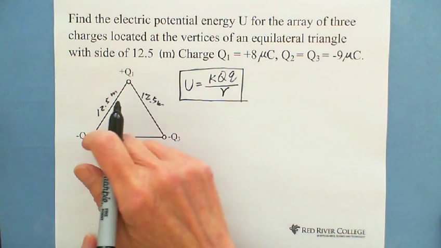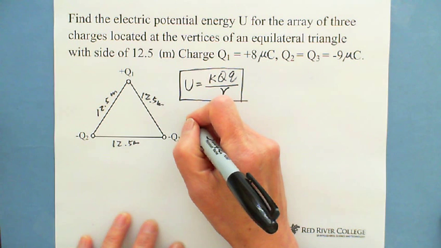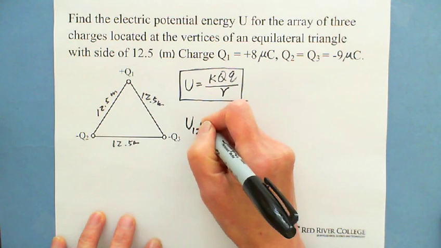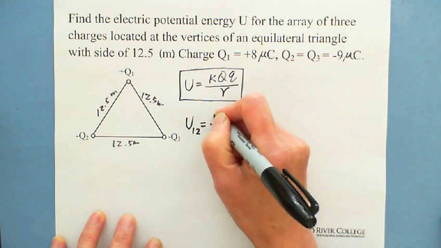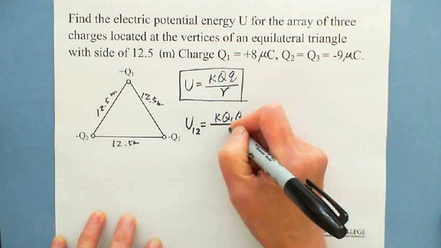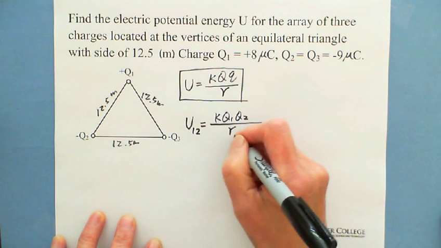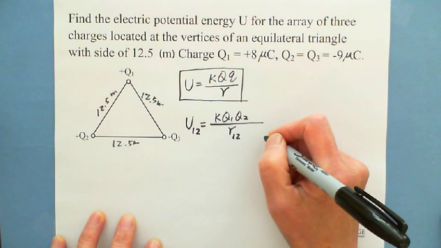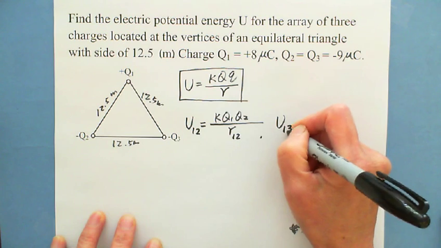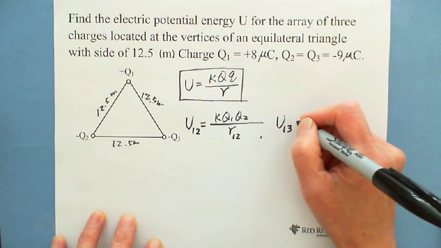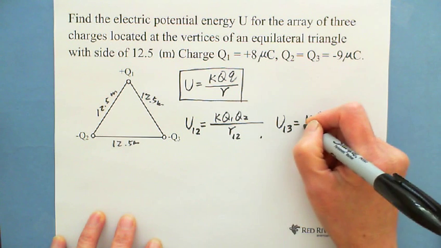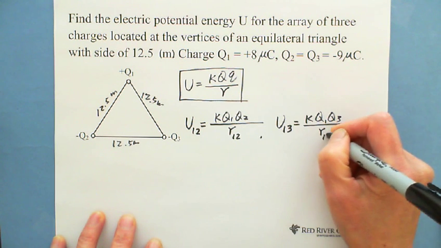For Q1 and Q2, U12 is K Q1 Q2 over R12. Also Q1 and Q3, U13 is K Q1 Q3 over R13.